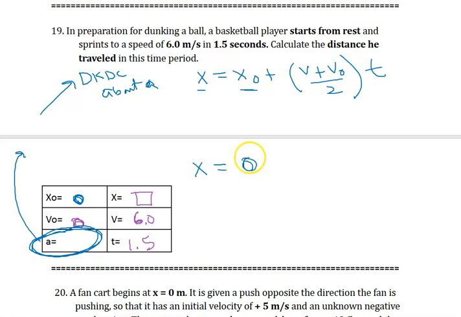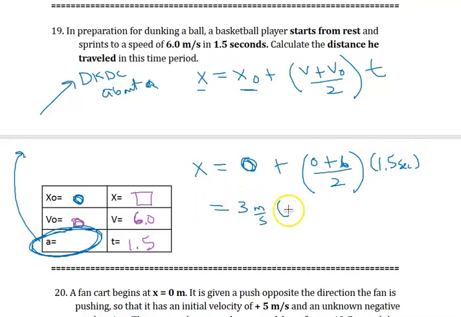Okay, so did not have a head start, and he went from 0 to 6 at a uniform rate for 1.5 seconds. So 6 over 2 is 3 meters per second times 1.5 seconds, and he went 4.5 meters. Okay, that is the one-stop shopping way to do it, knowing that this box is empty.